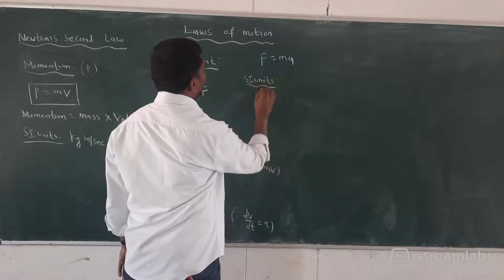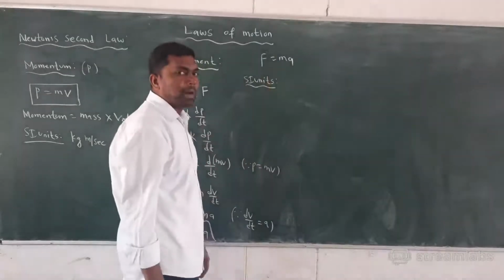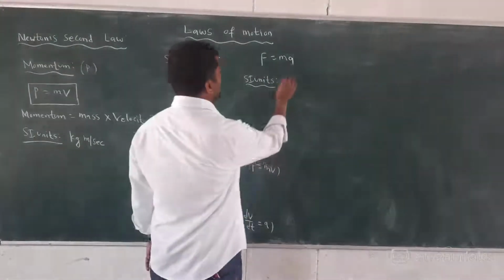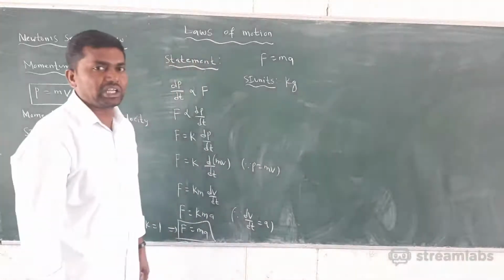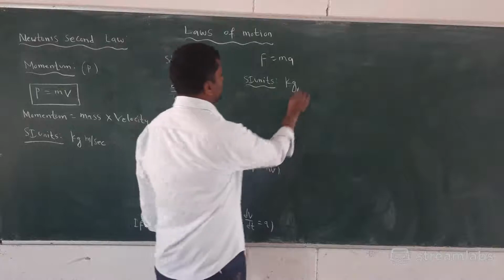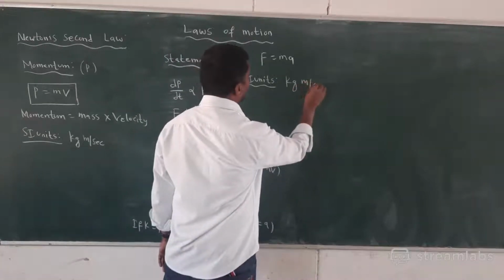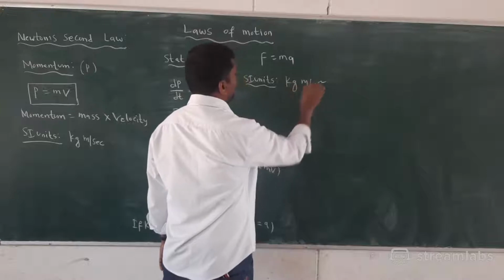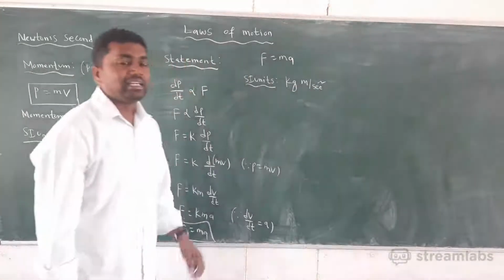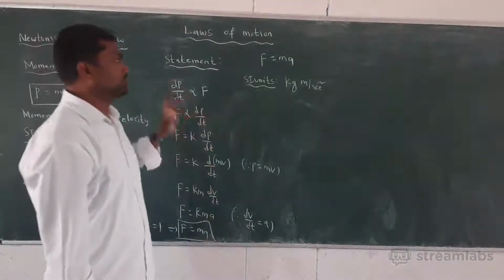In SI units of force, mass M is measured in kilograms, so we write kg. A means acceleration, which is measured in meter per second square. So kg meter per second square is the SI unit of force.